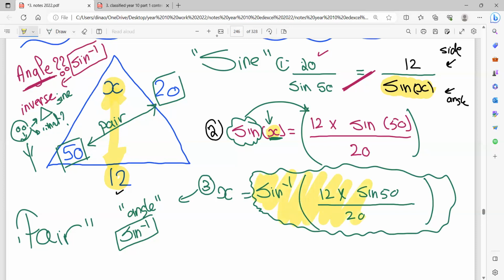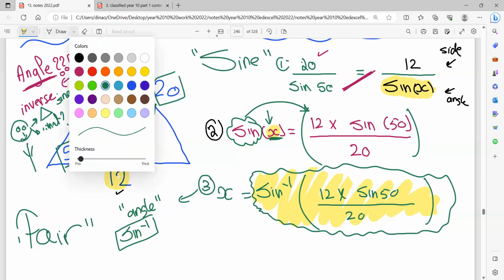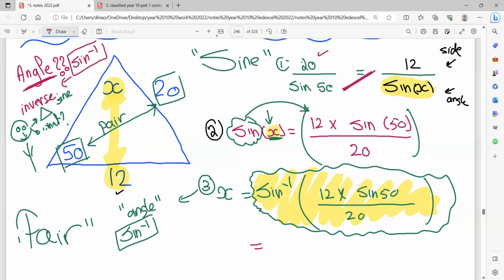You just write it as it is on your calculator. So shift sign, 12 times sine 50 over 20. And then on the calculator, after rounding, you should get an angle of 27.4, which makes sense. إنه if this angle over here is 27.4, فالside اللي بوشها is a smaller side.